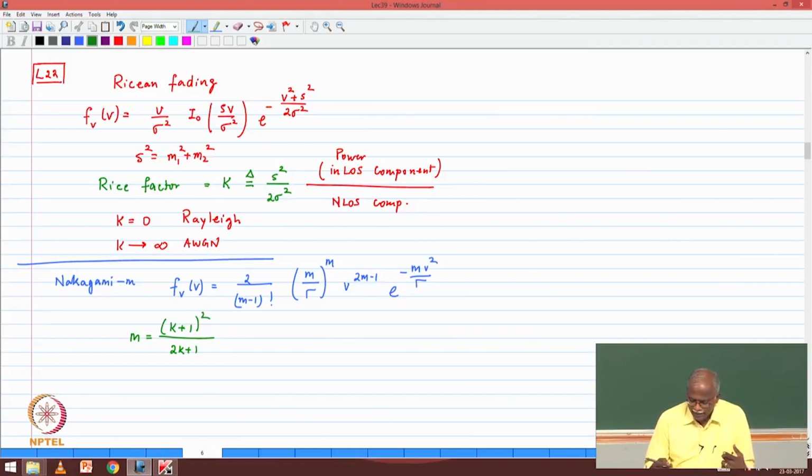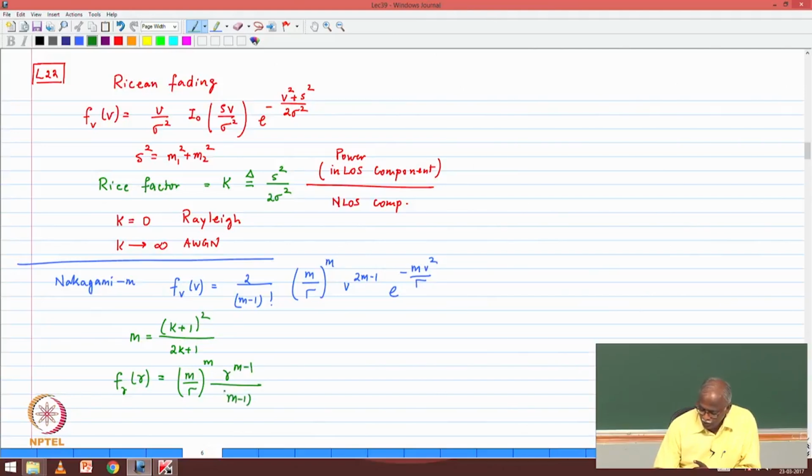We were also interested to look at the distribution of the SNR, not necessarily the fading PDF. So in the case of Nakagami-m, we showed that f_gamma(gamma), this we derived in the class, is (m by gamma bar) raised to the power m, gamma power m minus 1 divided by (m minus 1) factorial, e power minus m gamma by gamma bar.